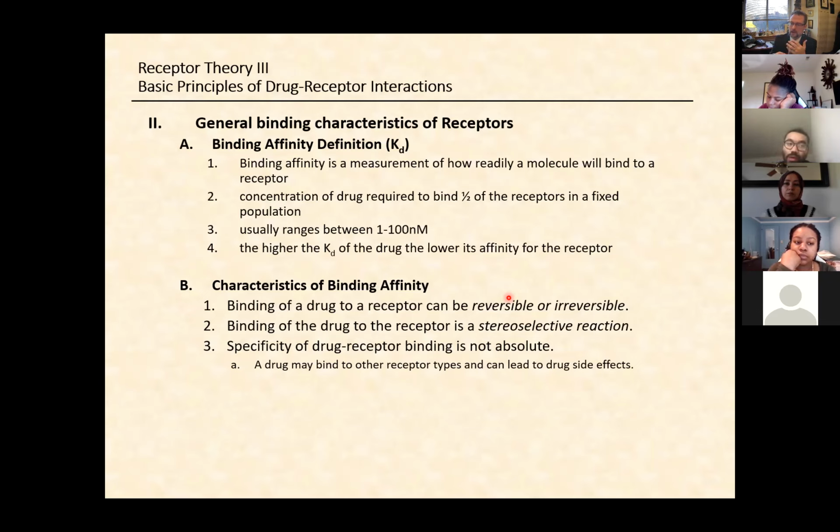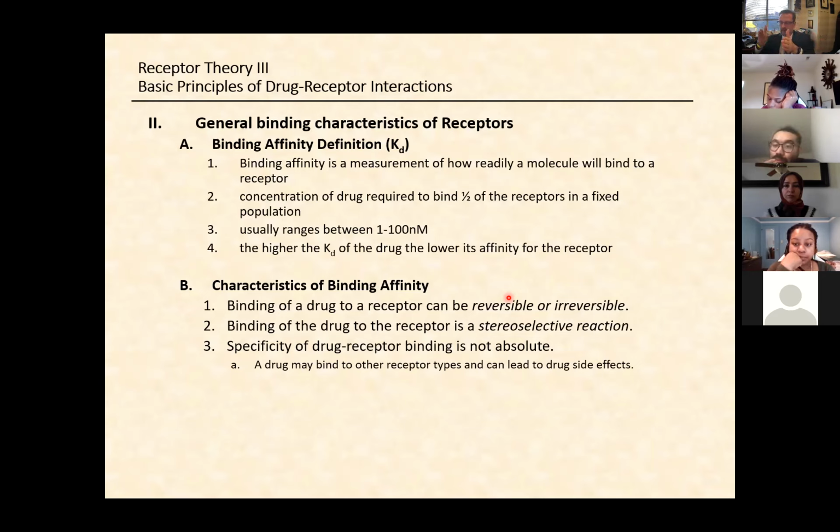In order to really fully understand this, you have to understand how we measure binding affinity in the laboratory. And very simply, and this is an oversimplification of binding assays, essentially what we do is take our receptor and our drug molecule that we want to measure the interaction with, and we begin to expose the receptors to small doses of our ligand and measure how many receptors the ligand interacts with.